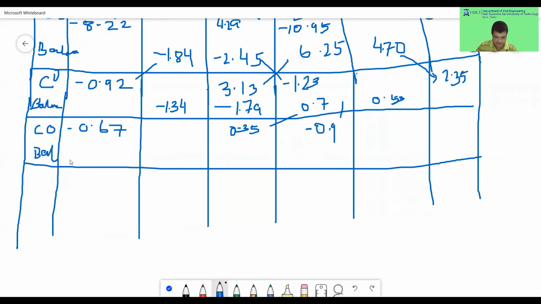Now it will balance. Here is plus 0.35, so you have to apply minus 0.35. So it is minus 0.15, minus 0.2, minus 0.9. So apply plus 0.9.